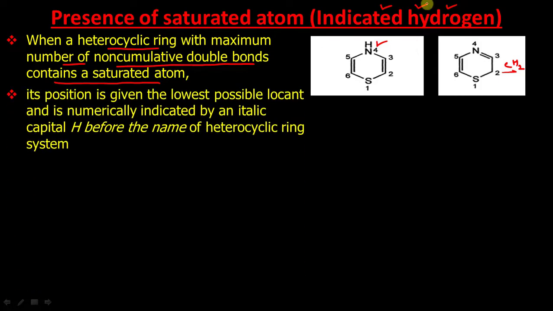It says that the position of the saturated hydrogen is first of all given the lowest possible locant, and it is indicated by an italic capital H. Italic means written a little bit tilted. So capital H goes before the name of the heterocyclic ring system.